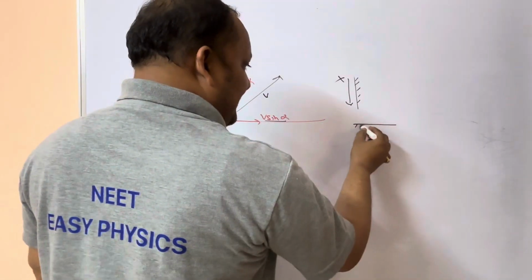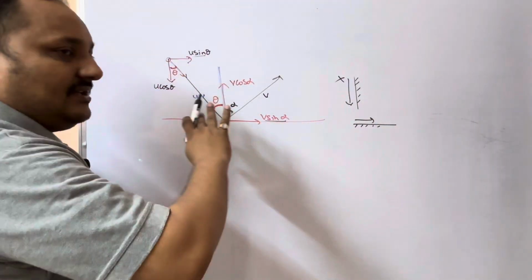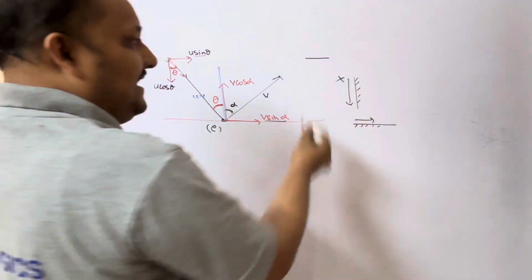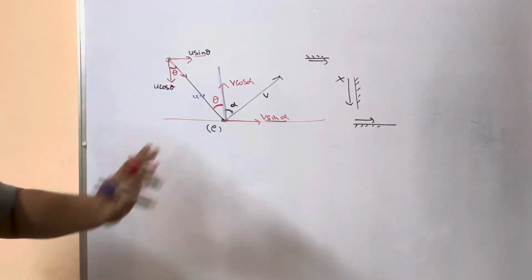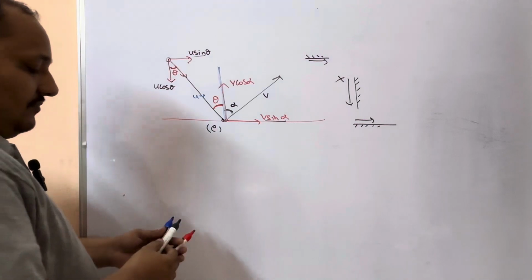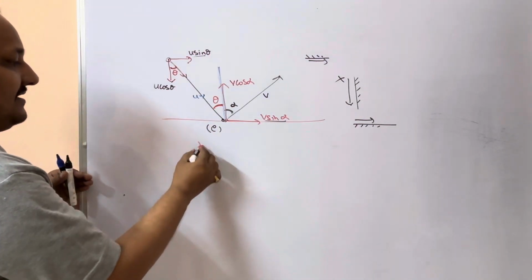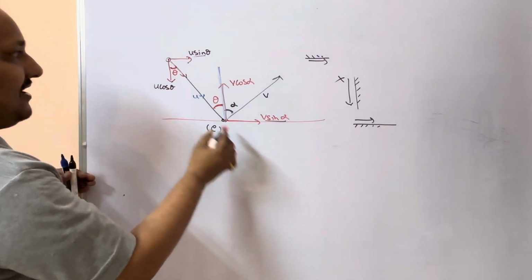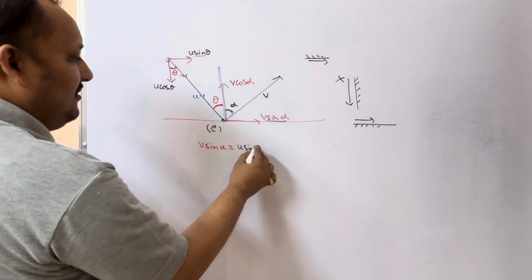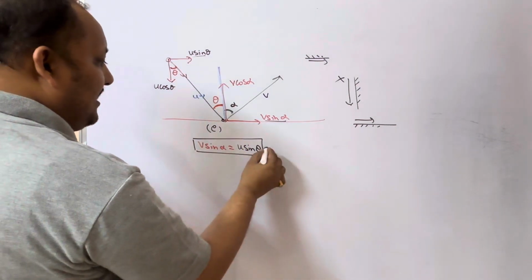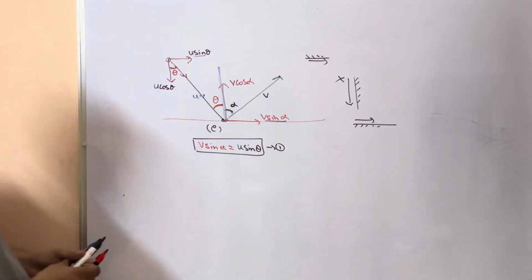Therefore, horizontal velocity v sin alpha is equal to u sin theta. Call it equation number 1.